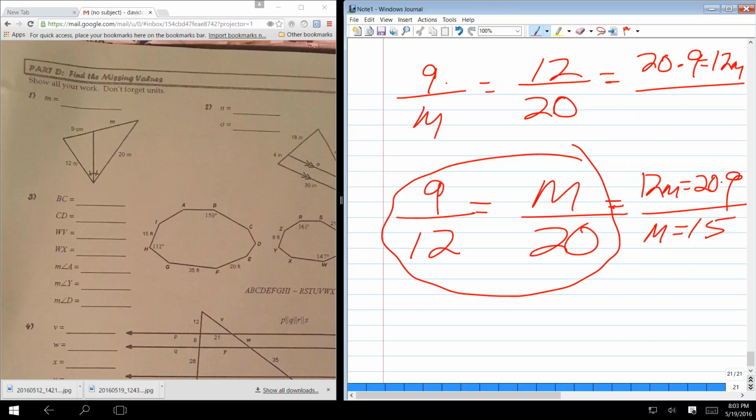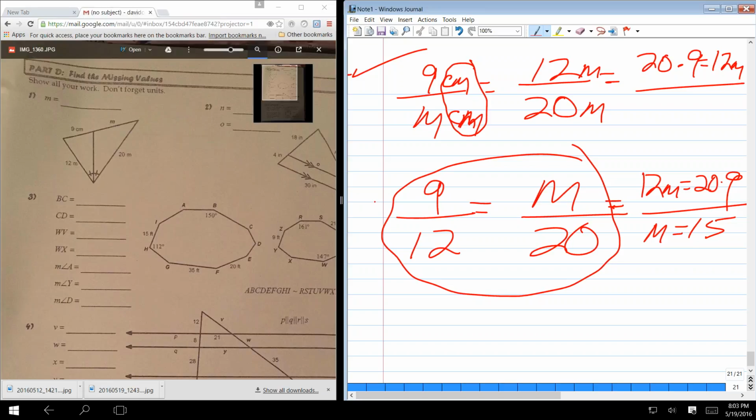In other words, if I use this first one, I get 9 centimeters over m meters, or centimeters, because this one is meters over meters. So this one has to be centimeters over centimeters. And so the answer is in centimeters.